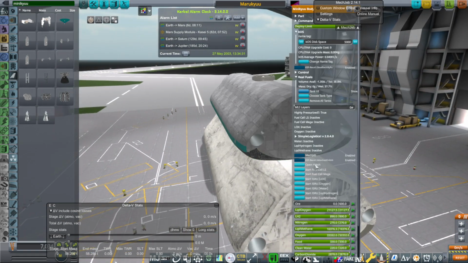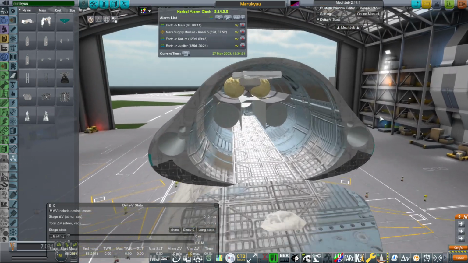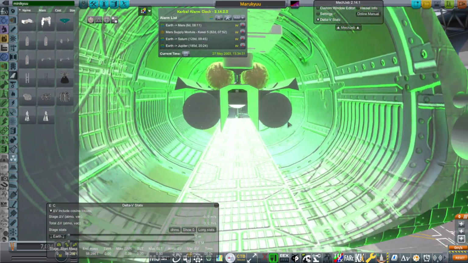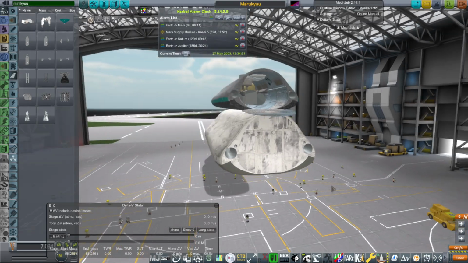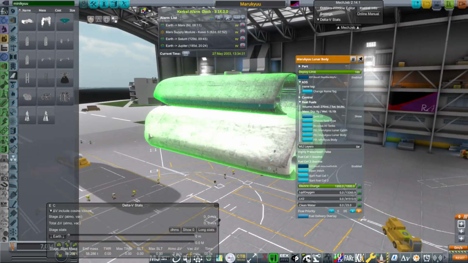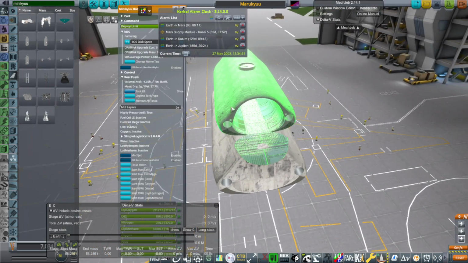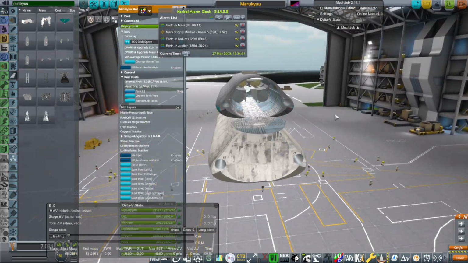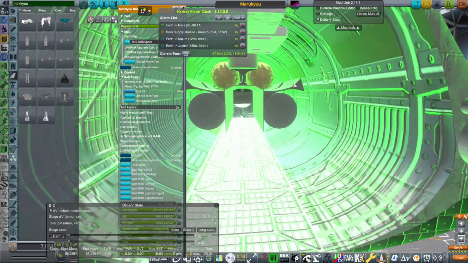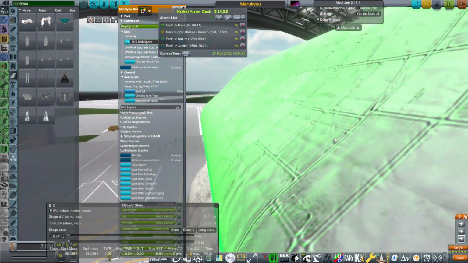But if we look inside, there's less space. Some tankage is built into here. On the Maru-Q, all the tankage is actually in these bits near the engines. But here, there was enough volume, so some of the tankage is built into here, and so are the ISRU units.